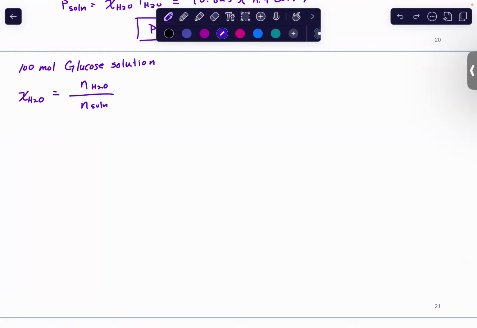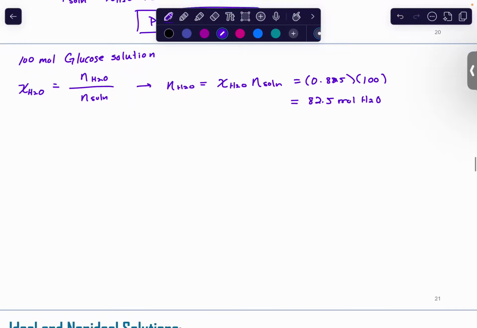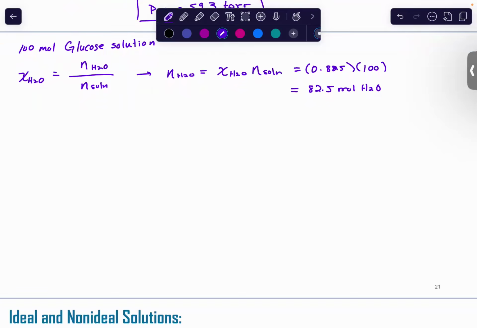So we can solve. This would be our 0.825 times our 100 moles. We are going to get 82.5 moles of water in this solution. Now, let's figure out how many moles of glucose we have.